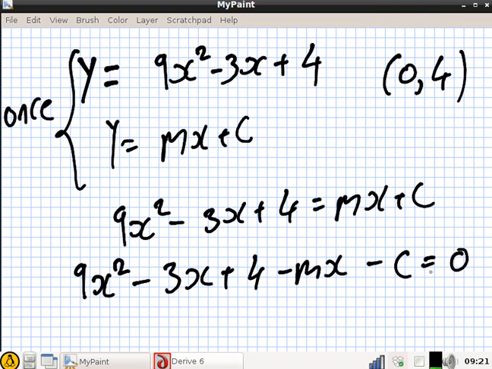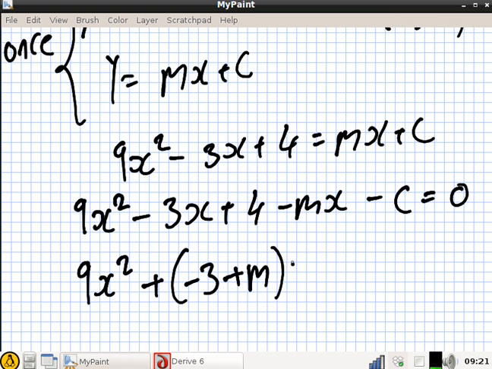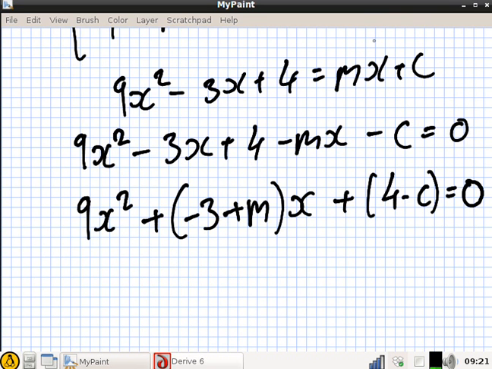Like this. Let's clean this quadratic up. Minus 3 plus mx plus 4 minus c equals 0. Okay.